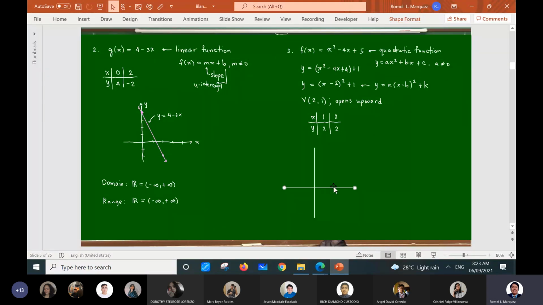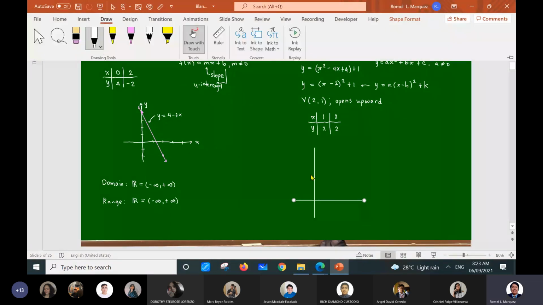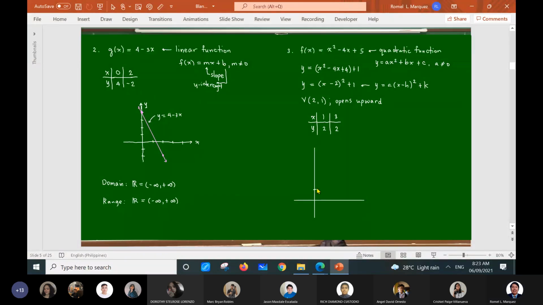So vertex at 2, 1, and then we have 1, 2, 1, 2, 3, 4.